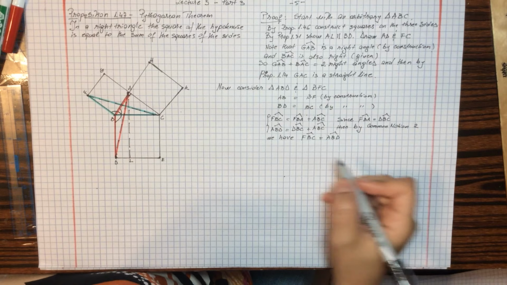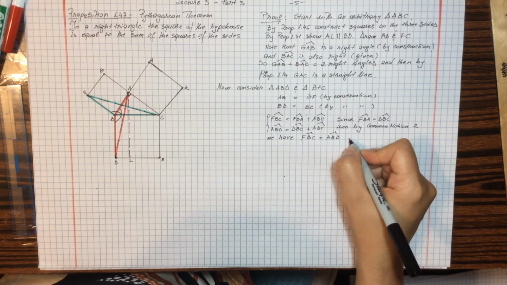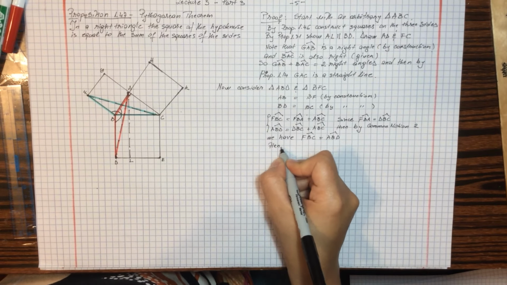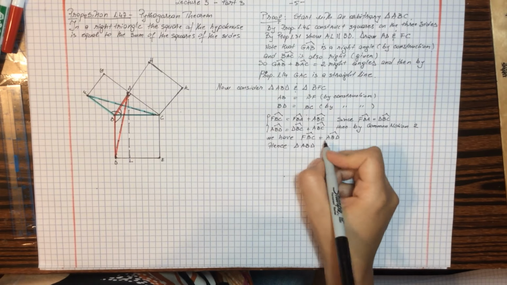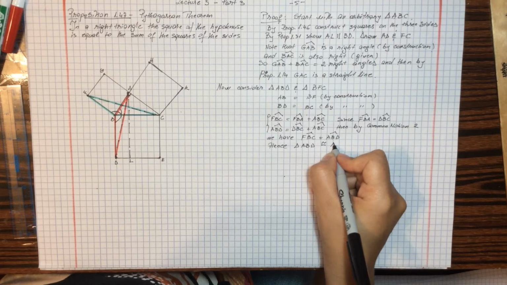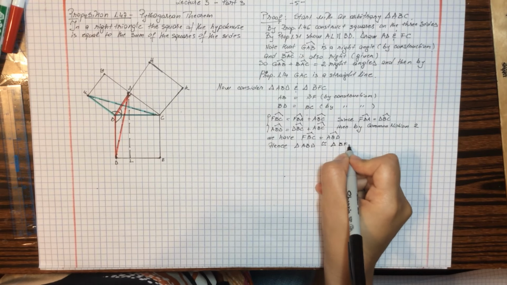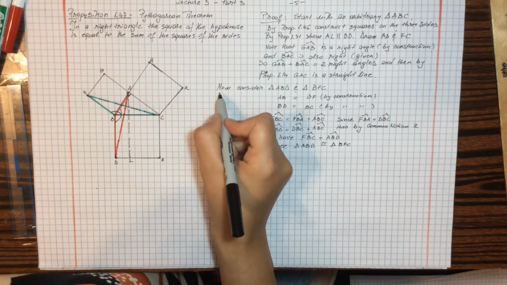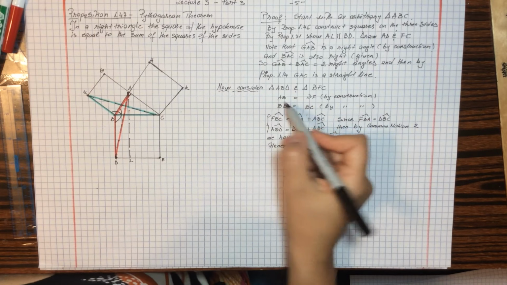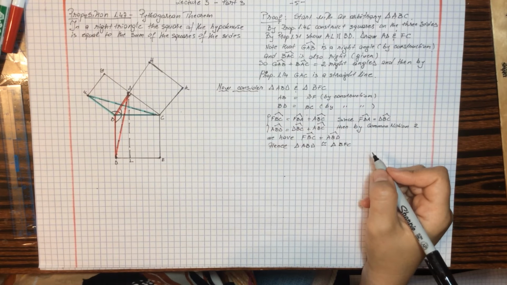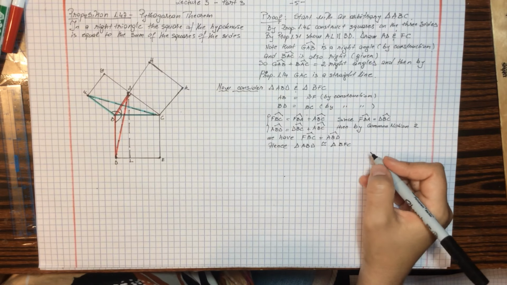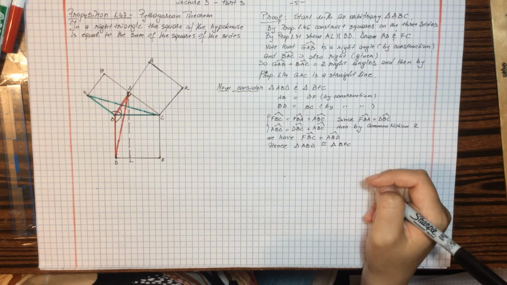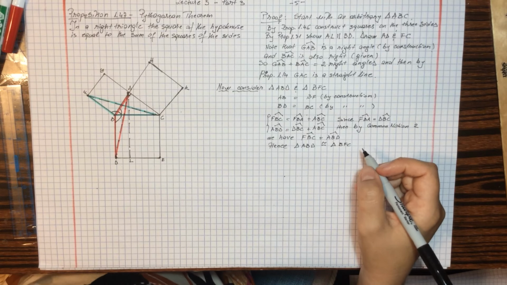So this means that hence triangle ABD is congruent to triangle BFC. That's what we were considering to begin with. We were considering these two triangles, and these two triangles will be congruent by what scheme actually?